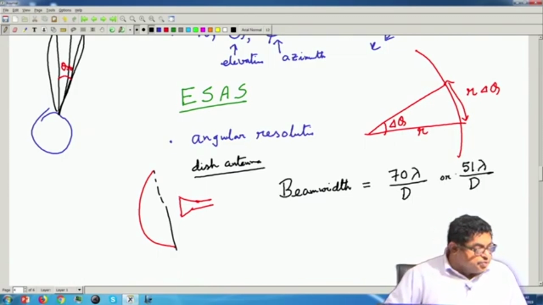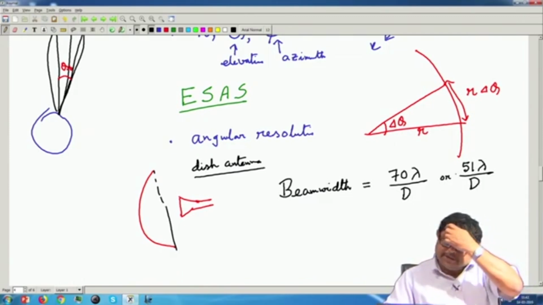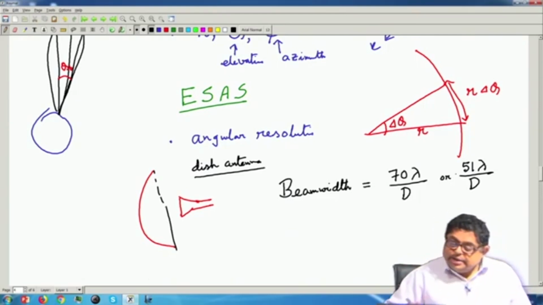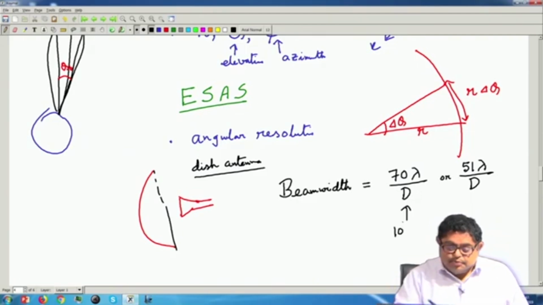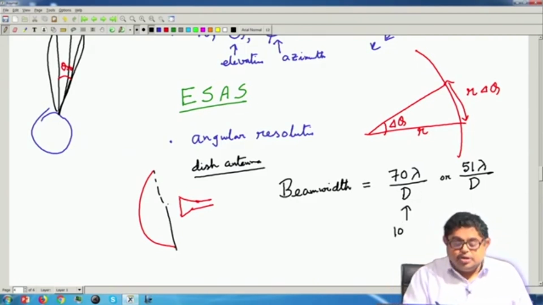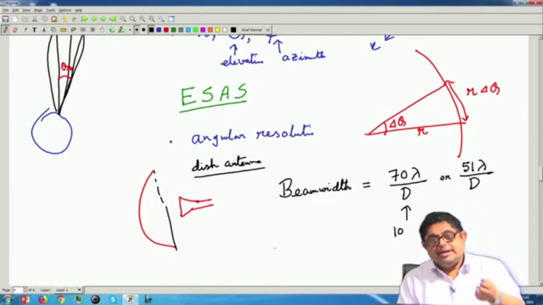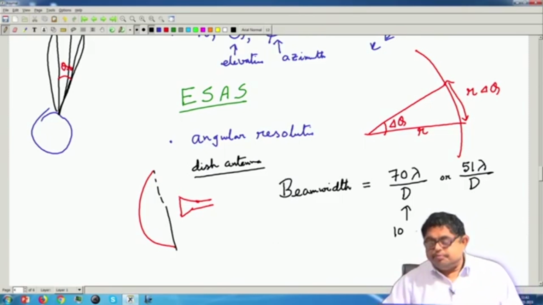Which one? This is wider than this, so this is a better one. Now, if you have a 10 dB tapered illumination, that means the center is more illuminated, and the edges of the aperture are illuminated 10 dB down, excitation.